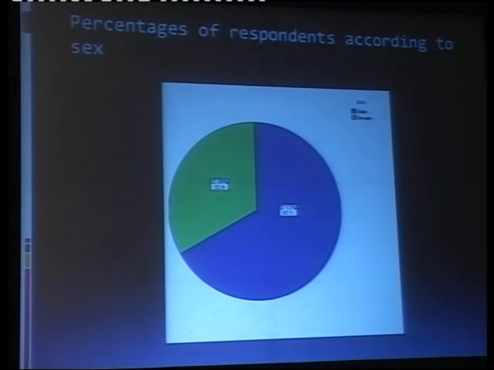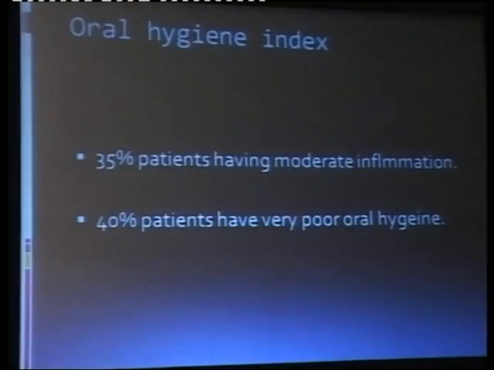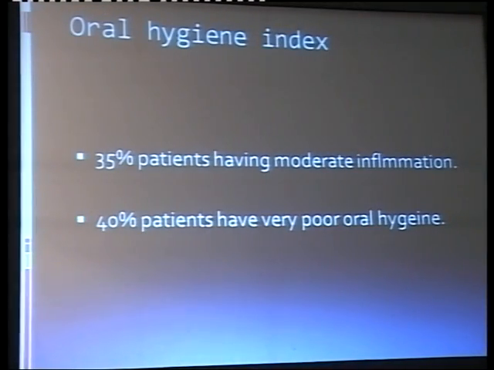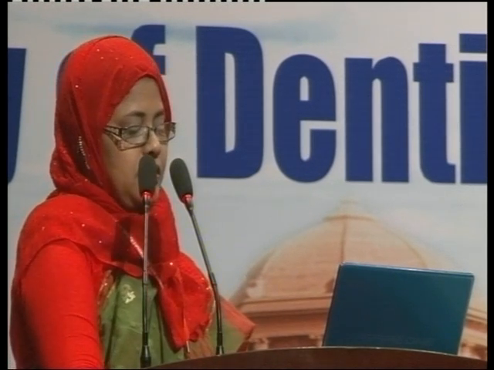This pie chart shows the percentage of respondents according to sex. Male are more predominant, about 67%, and female 32%. Oral hygiene index. Most of the patients have very poor oral hygiene, having deep neck infection. Distribution of the respondents by anatomical locations of the abscess.